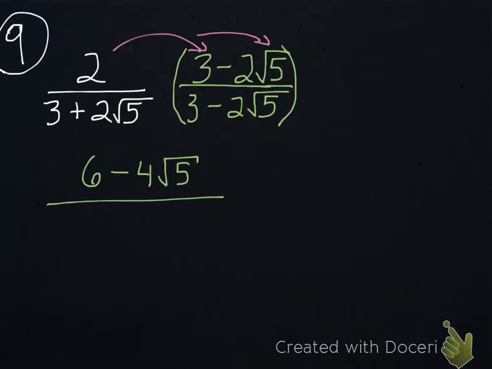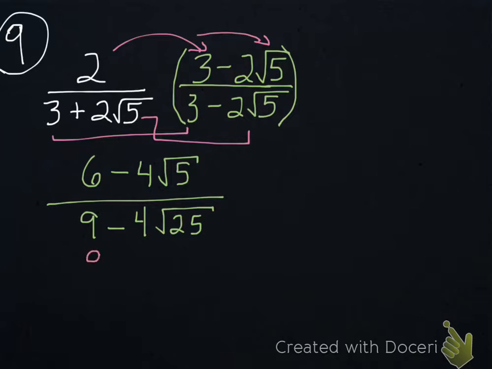In the denominator, we're going to use our shortcut. First 2 and last 2. My first 2, 3 times 3 is 9, minus 2 times 2, which is 4, 5 times 5 is 25, so that's the square root of 25. Let's just simplify the denominator.